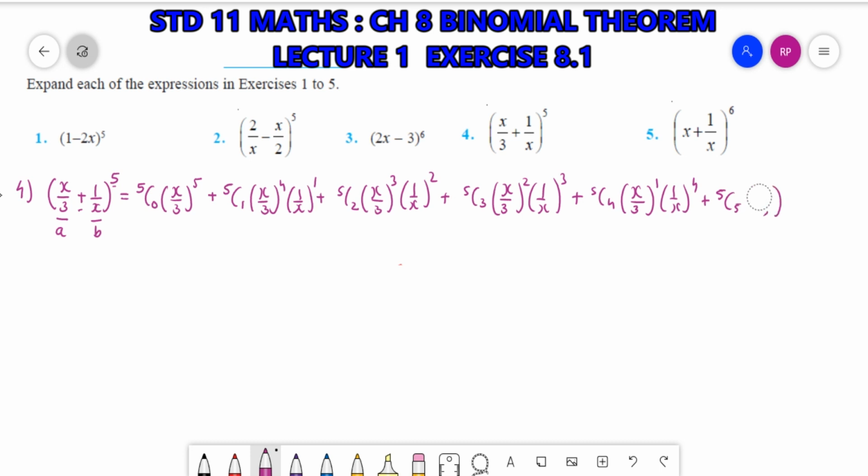So no need to write it down now, directly 1 by x raised to 5.